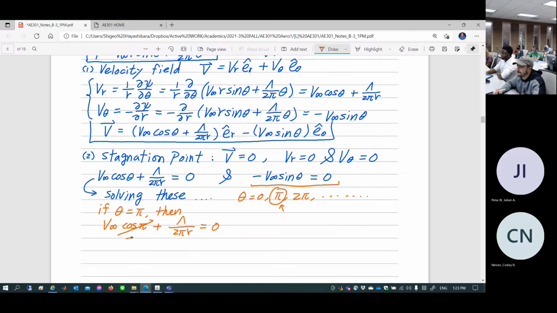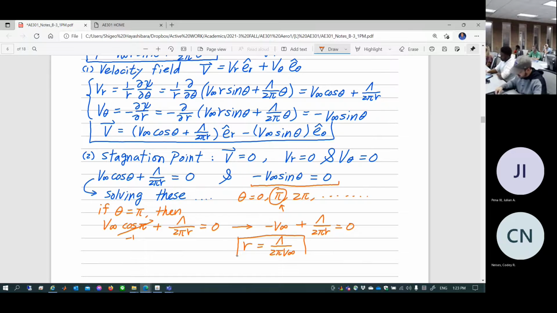Okay, negative 1. So this is negative V infinity plus lambda over 2 pi r is equal to 0. So this actually solves for r. r is equal to lambda over 2 pi V infinity, is that right? Yes.